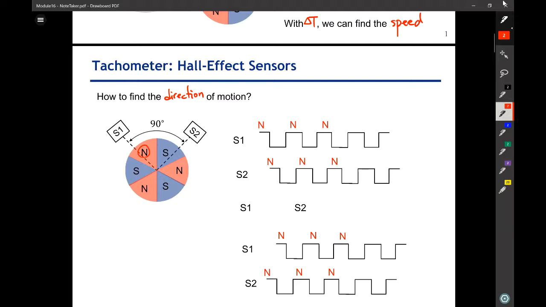The pulses from S1 and S2 look like this, with a slight delay. In this case, we say S1 leads S2, and we can tell it is a counterclockwise rotation.